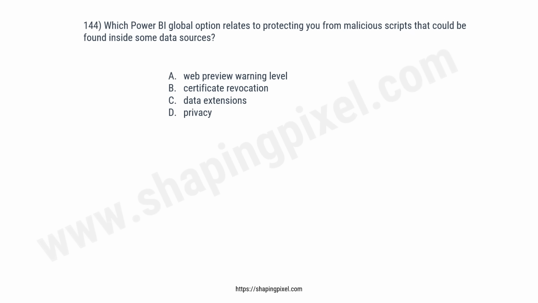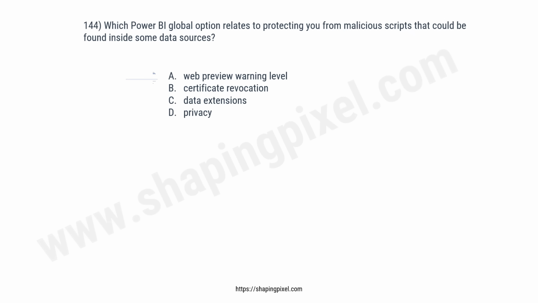Question number 144. Which Power BI global option relates to protecting you from malicious scripts that could be found inside some data sources? And we have four options. Option A, web preview warning level. Option B, certificate revocation. Option C, data extensions. And option D, privacy.